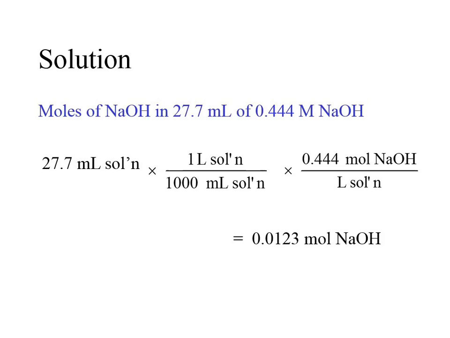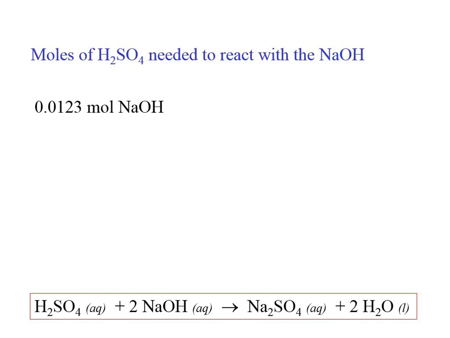Okay, so we're ready to piggyback onto the next step. So we go from moles of NaOH to moles of H2SO4 using the stoichiometric coefficients in front of those two things. So the second little calculation, we piggyback on the first calculation, 0.0123 moles of NaOH over 1.